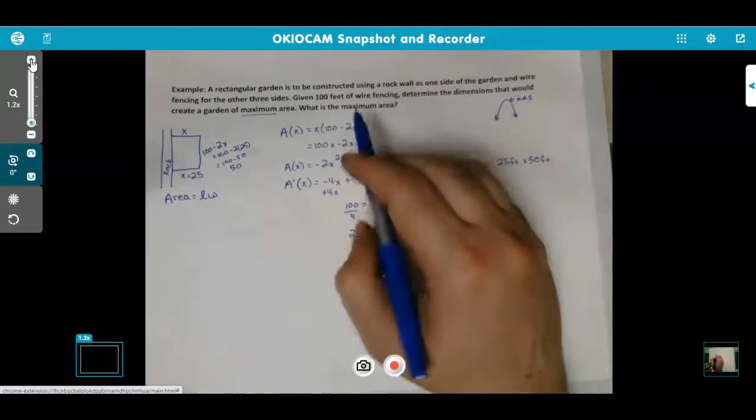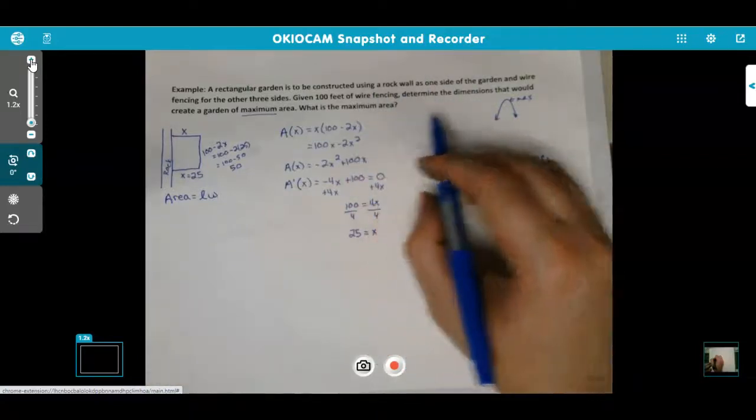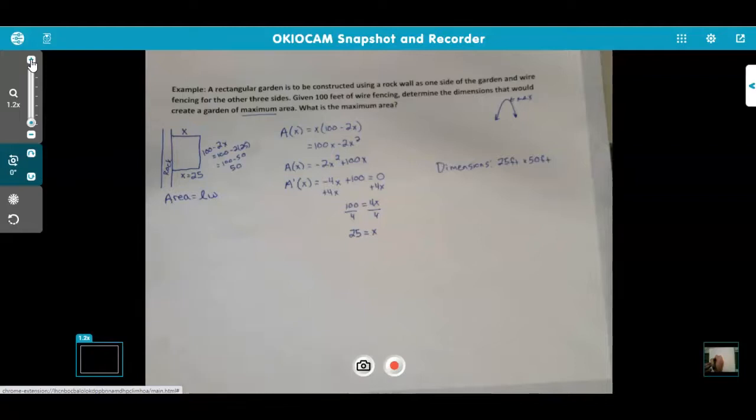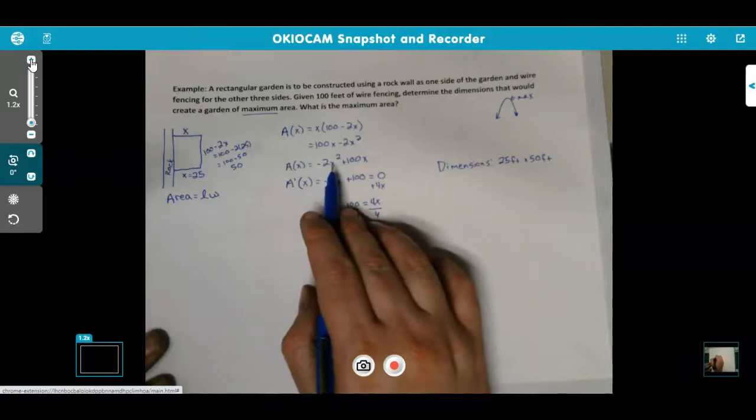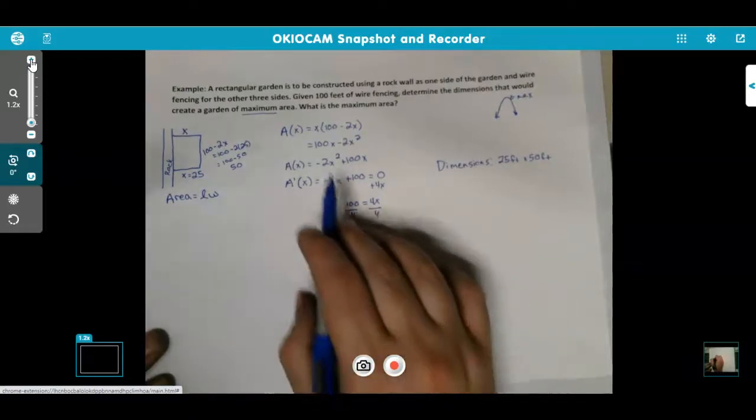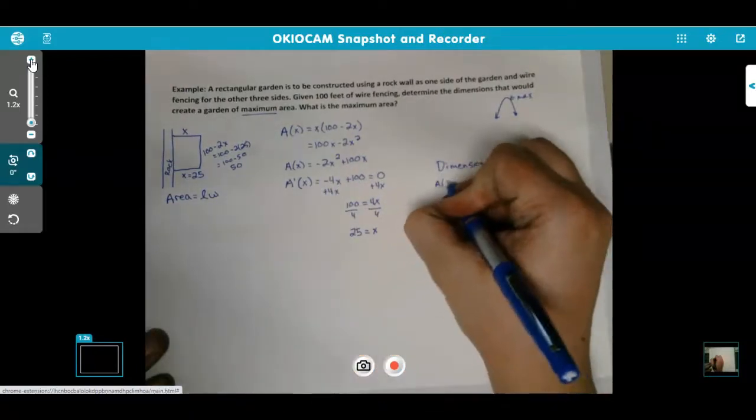Now I want to know what that area would be. There are actually two ways I can do this. The first way is I know A of x is equal to this stuff. So if I know x should be 25, I can just plug 25 in.